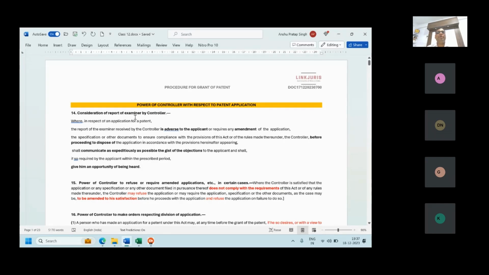The first thing is consideration of report of examiner by controller. You would be remembering what happened in section 12. Section 12, controller refers that application to examiner and examiner has to investigate it. The investigation of anticipation, you will be remembering, was in section 13. Under 13 investigation, there were three major areas.